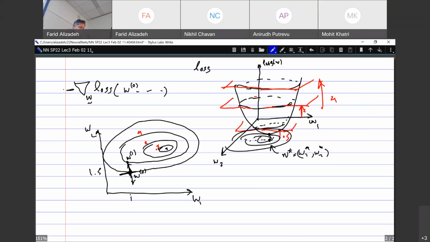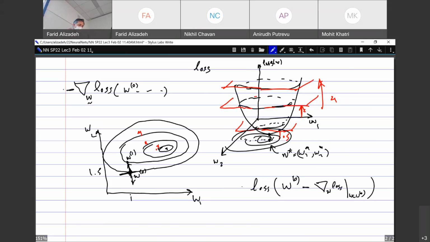So in other words, loss at current point minus the gradient. This is a two-dimensional vector. The gradient is just a vector of partial derivatives with respect to each variable. Two variables, so two partial derivatives of loss evaluated at W0.